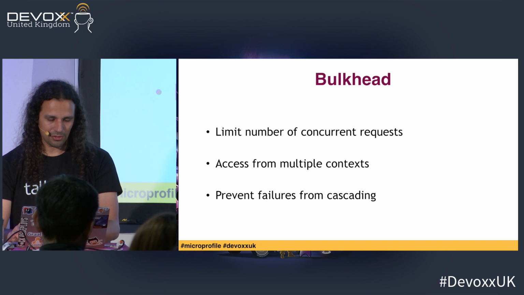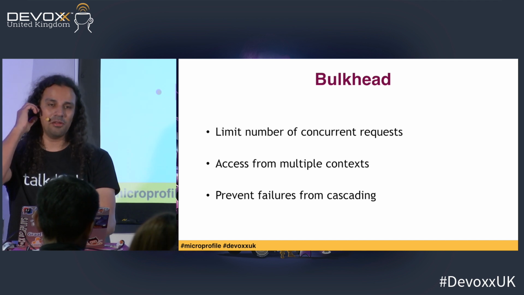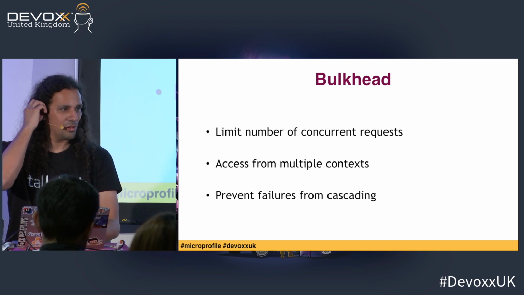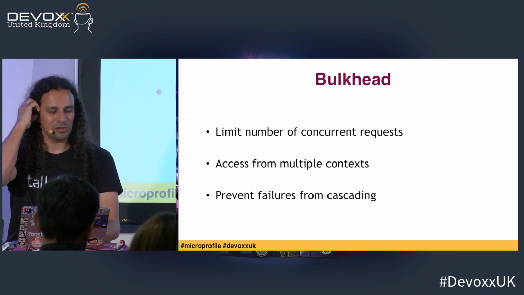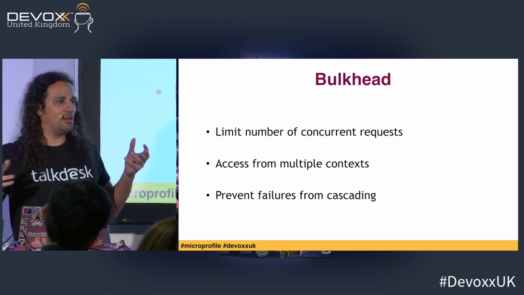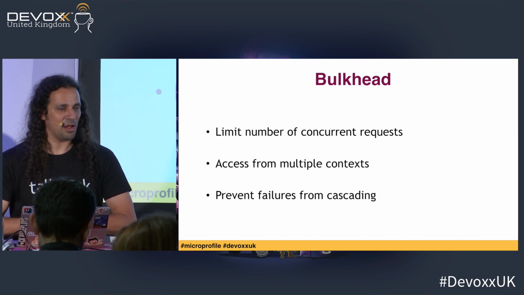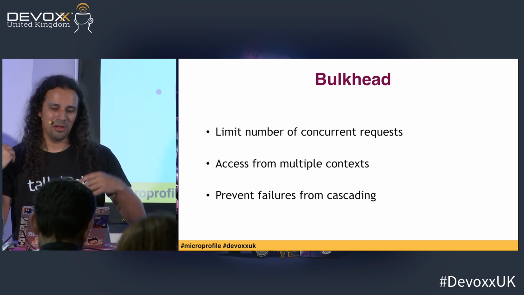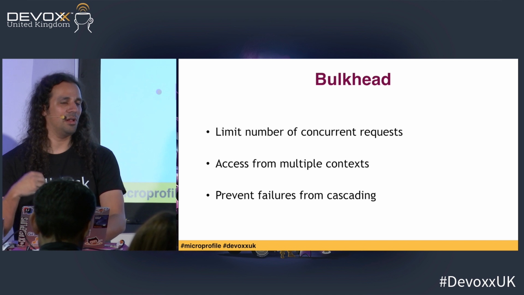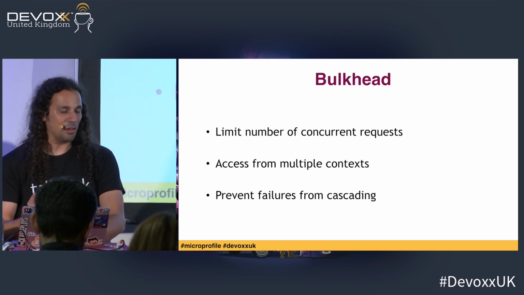Finally, I talked about circuit breaker, and finally, I want to show you the bulkhead. The bulkhead allows you to limit the concurrent requests on your services or your endpoints, especially if you're accessing them on multiple contexts. The idea is that you can use it to prevent failures from cascading. Let's just say that you're calling an endpoint that's doing heavy work and it has limited resources.